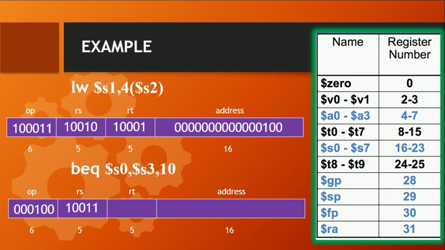In this example I am going to represent S3 as RS and S0 as RT. So it is 19, it is 16, and 10 is my address. I have to represent 10 using 16 digits. So this is my representation of the BEQ instruction in I-type instruction format.